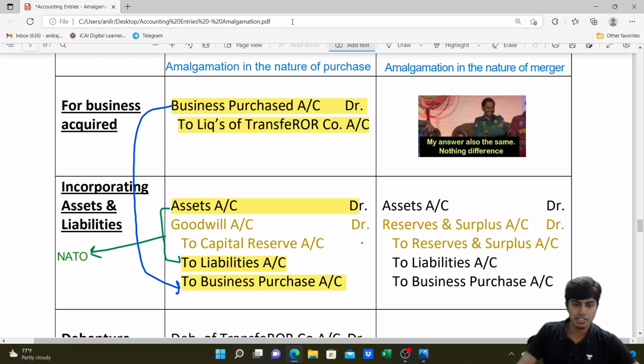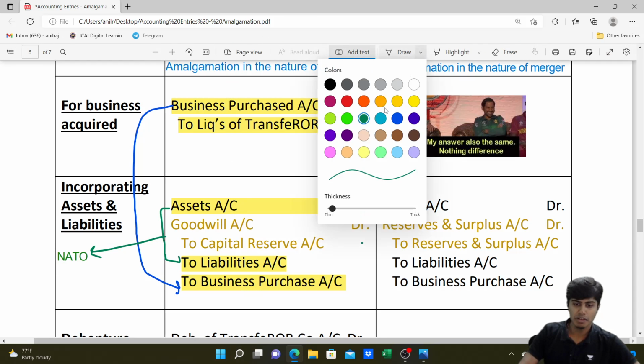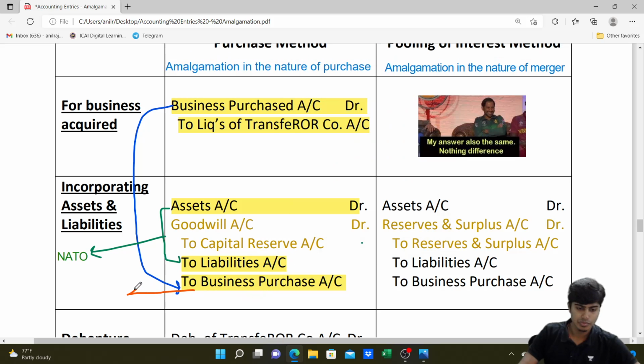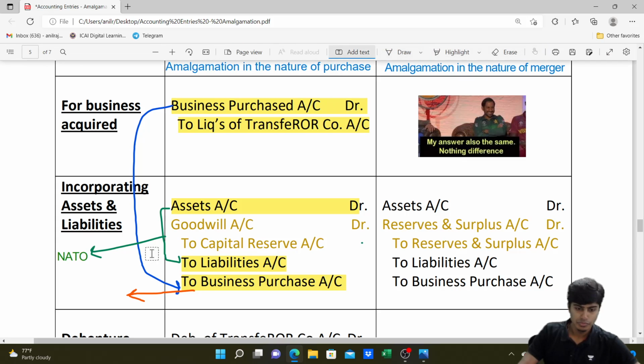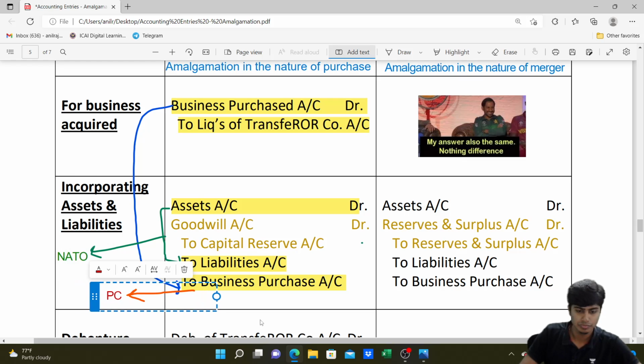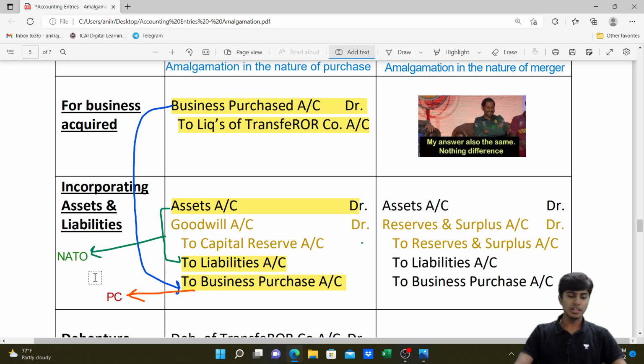And this business purchase, whatever is there here, that my friends is PC. This will be credited to the extent of PC. Purchase consideration. So whatever the difference between NATO and PC is goodwill or capital reserve.